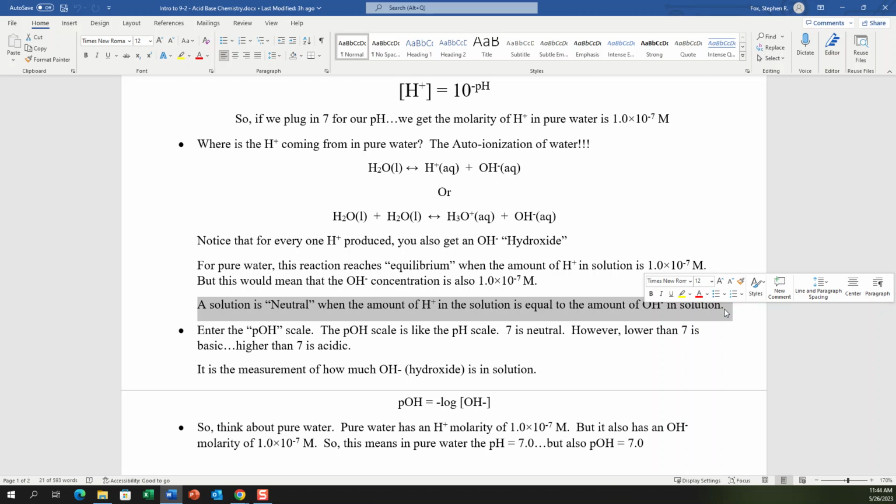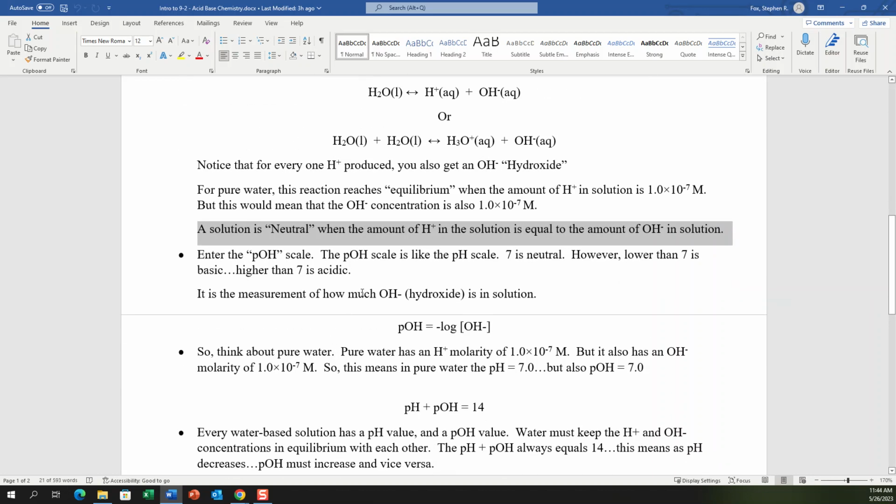But now, if water has H plus in it, but it also has OH minus, we have another measurement of acidity or basicity, how alkaline the solution is, how basic it is. And that's the pOH scale. So the pOH scale is basically the same as the pH scale.